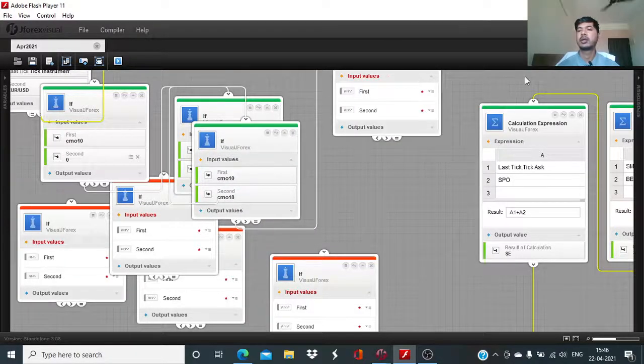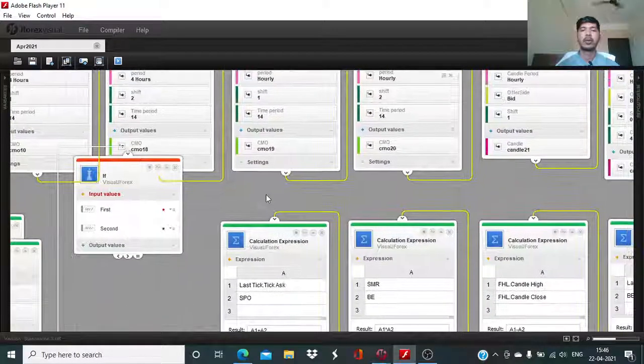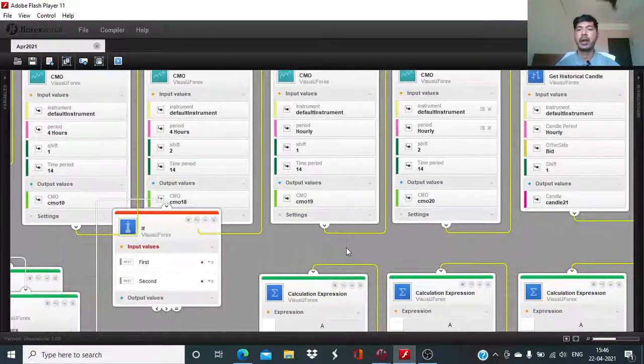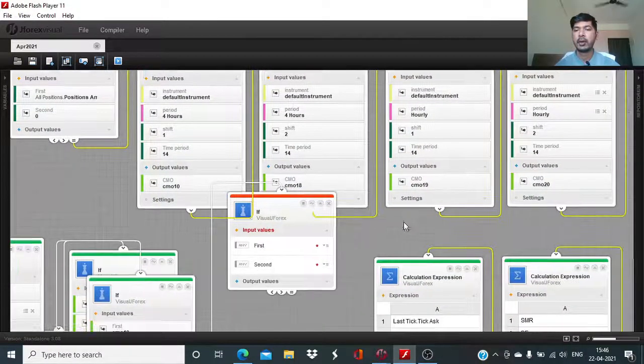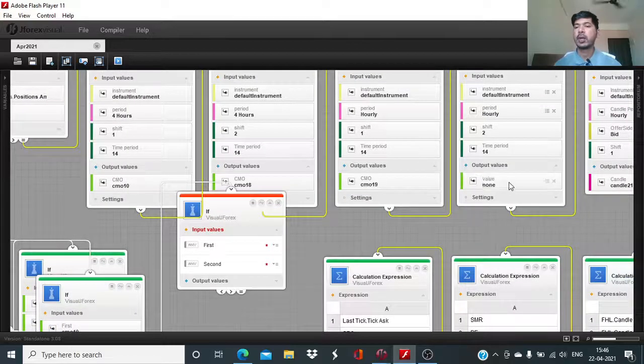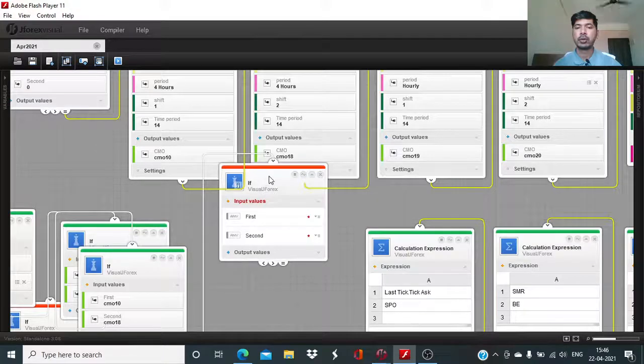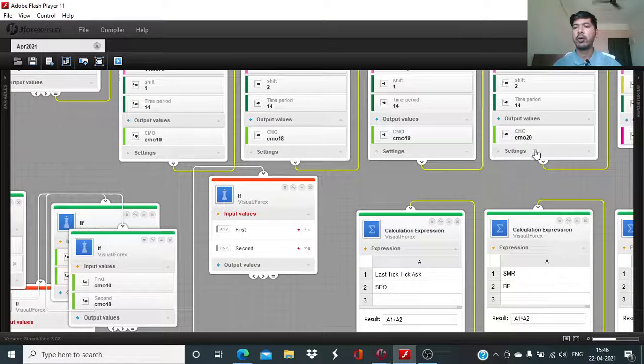Then we turn our attention to the CMO values of the hourly time frame, and here the CMO 20, which has a lookback period of 2, should be above 0.